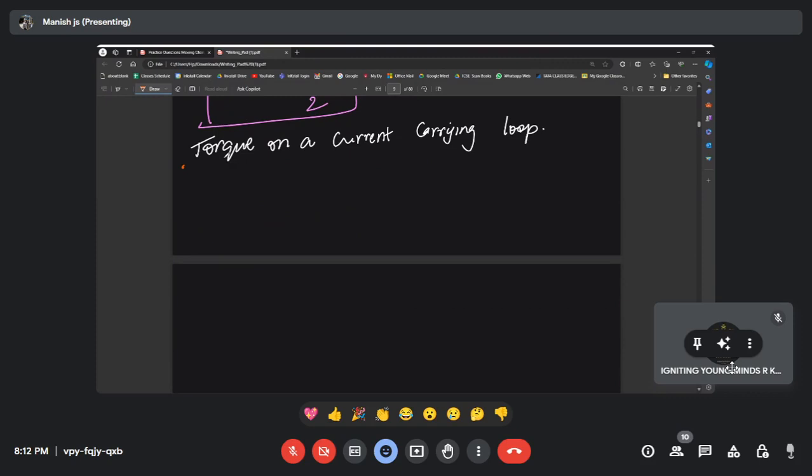Okay, so now we are moving on. Here we are writing the expression for torque. We represent torque using the Greek letter tau. So tau is equal to the cross product of magnetic dipole moment and magnetic field, M cross B. We are using this particular relationship.